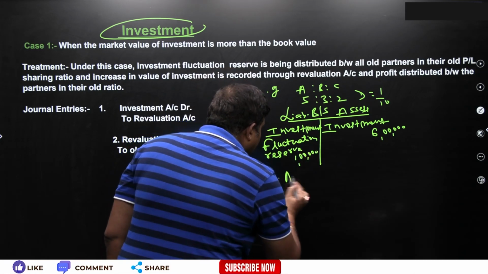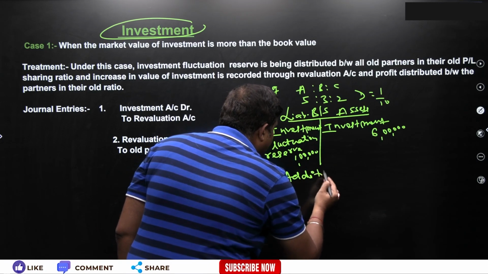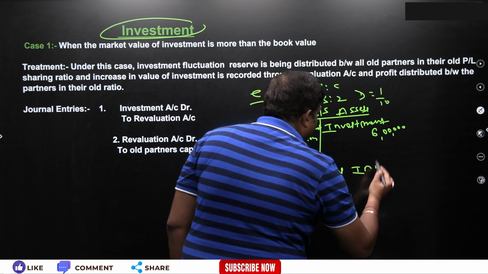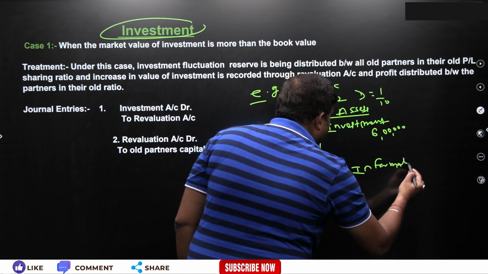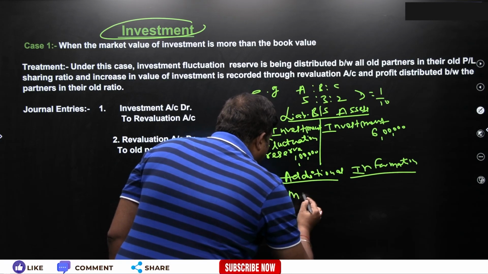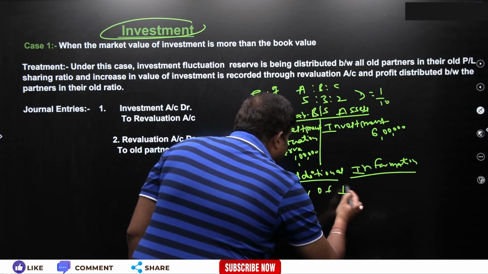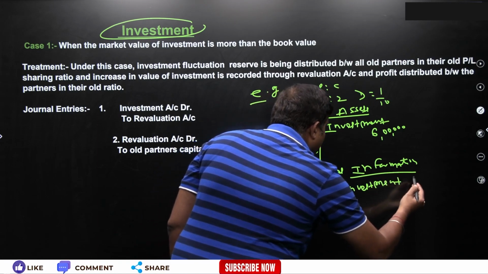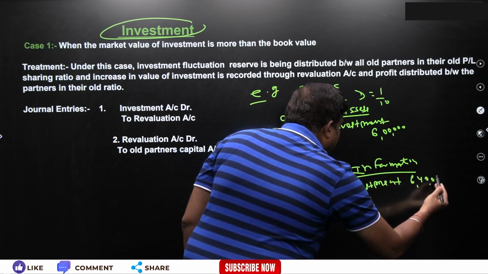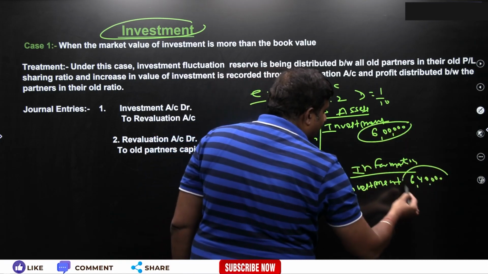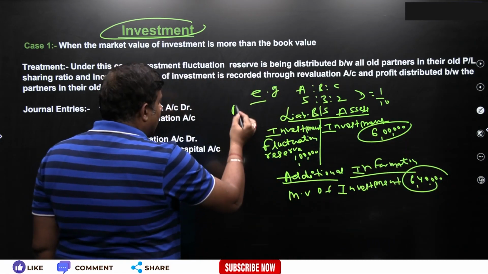Now in the additional information, the market value of investment is, say, 6,40,000.